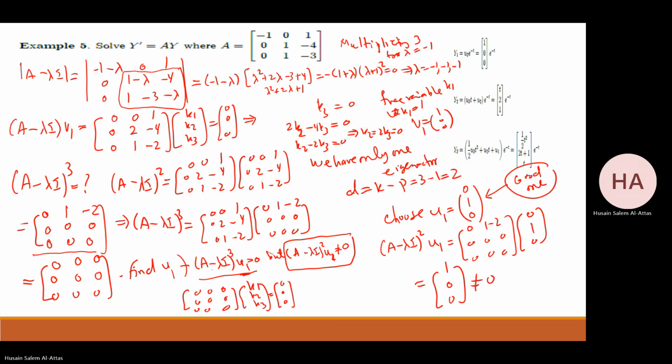Then I will go to U2. U2 will be what? A minus lambda I times U1. What is A minus lambda I?